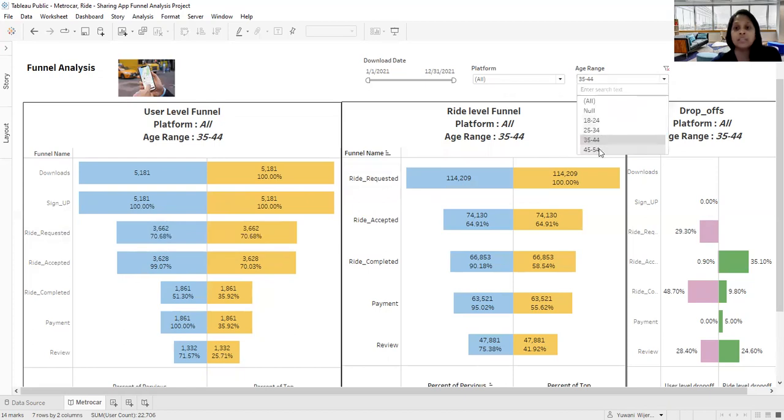Second place goes to the 45 to 54 and also 25 to 34 age groups.